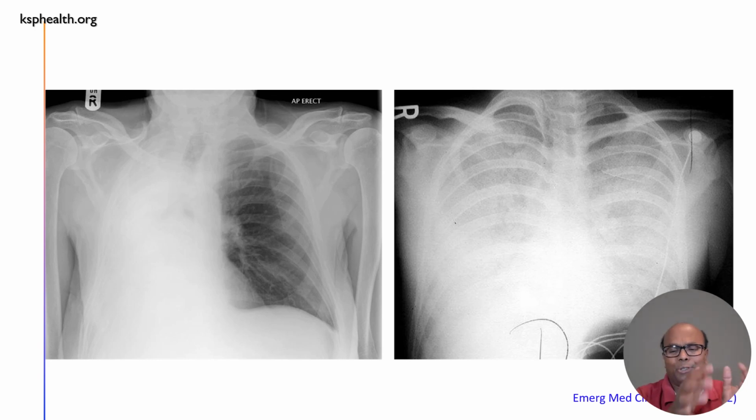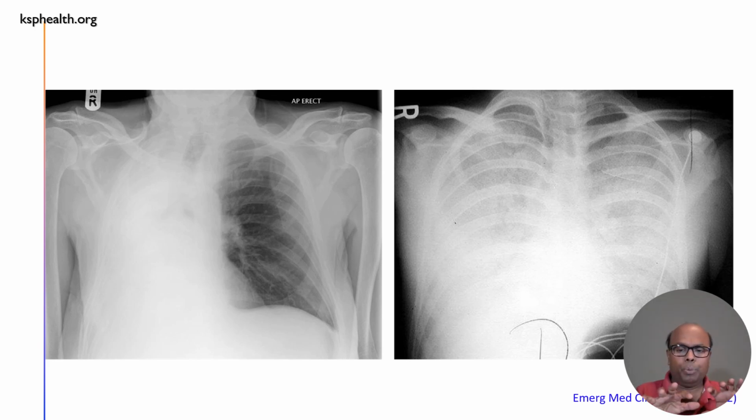So the question is, when to use APRV? There are two concepts, one lung disease and two lung disease. This particular one shows the one lung disease, wherein probably the patient has either pneumonia or emphysema or some kind of pleural disease. In these patients, APRV is not a good idea to initiate.